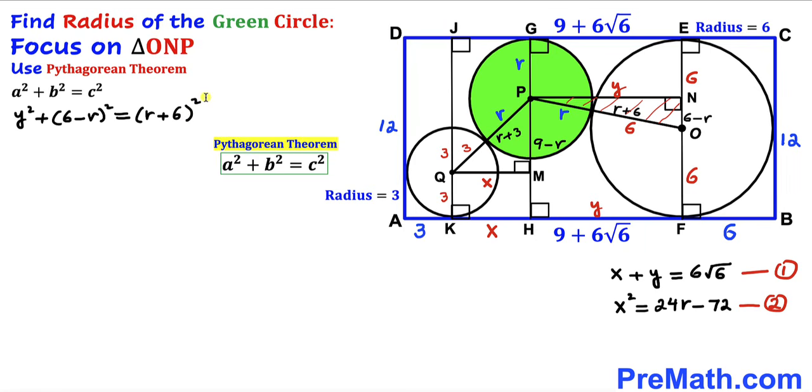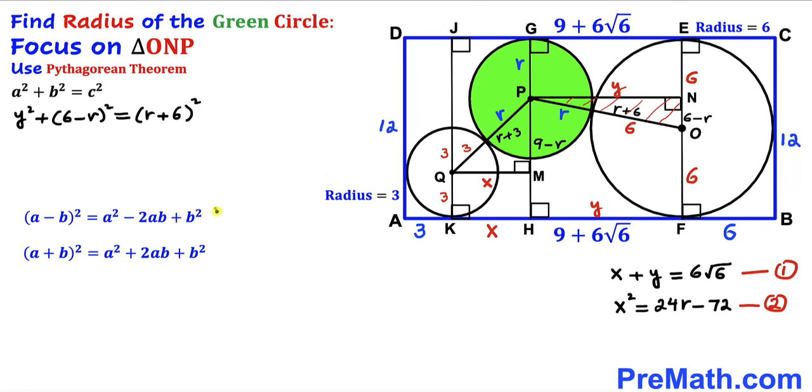whole square. And now let's recall these two identities once again. We are going to apply them on these binomials. So therefore we are going to have y square plus 36 minus 12 times r plus r square equal to r square plus 12 times r plus 36.